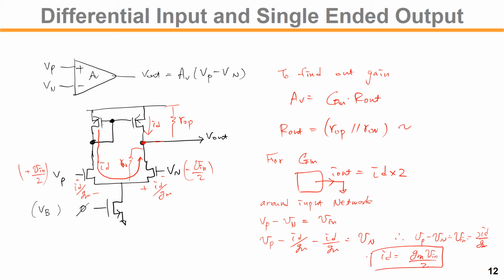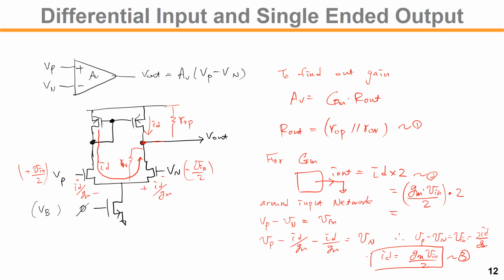So from 2 and 3, we can find that the big GM would be big GM times V in. So let's write down. ID would be GM times V in over 2, right, times 2, right?